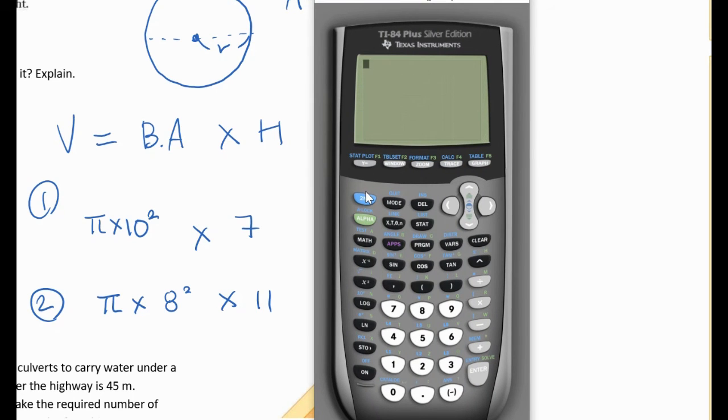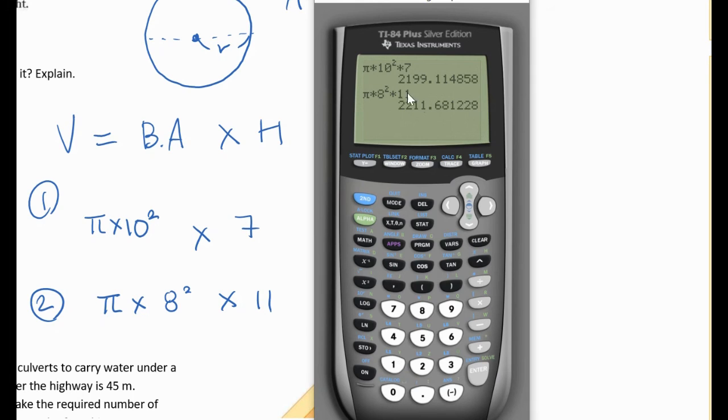So pi times 10 squared times 7, and pi times 8 squared times 11.